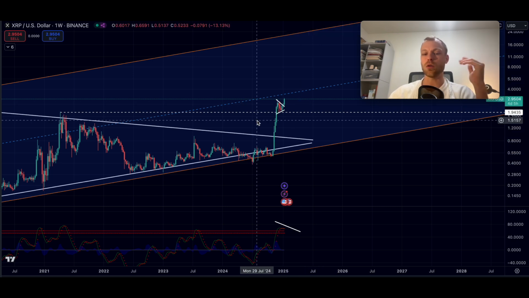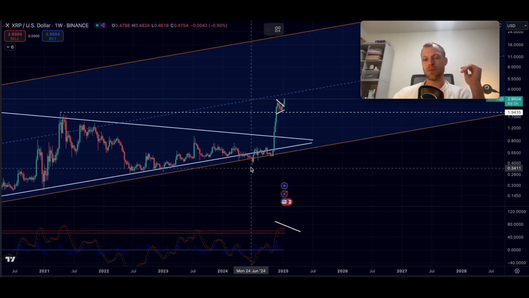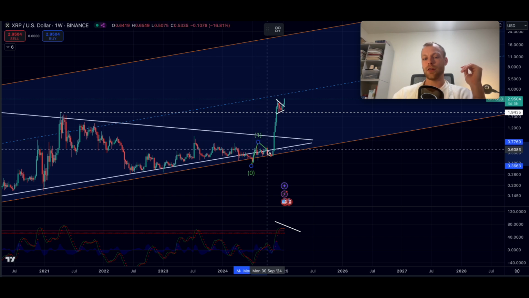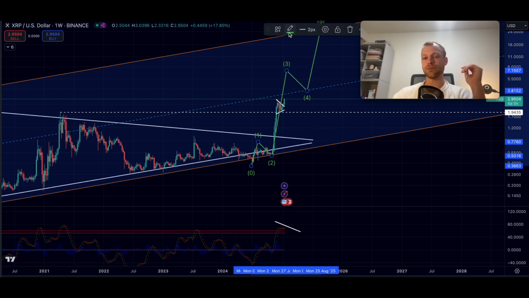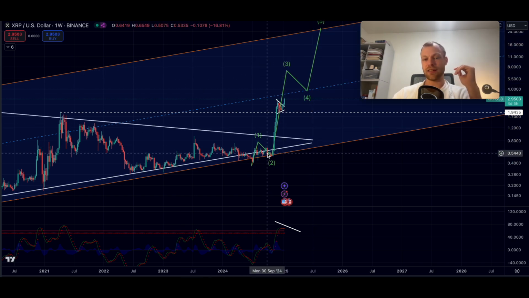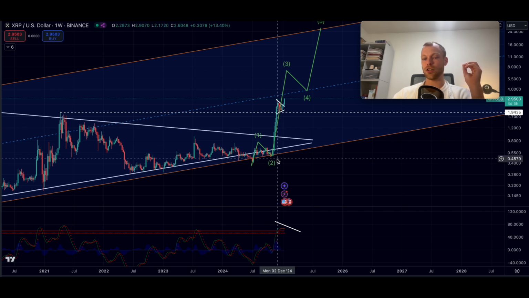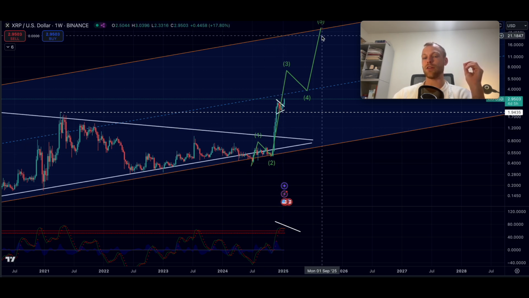So how could that potentially be? We have, for example, 1, 2, and then we have 3, 4, 5. That means that the third wave of this bigger Elliott wave structure also contains 5 waves.